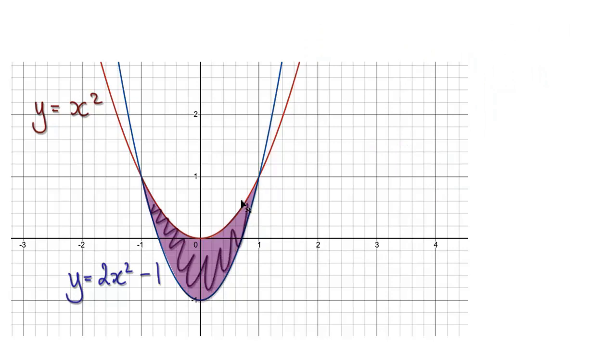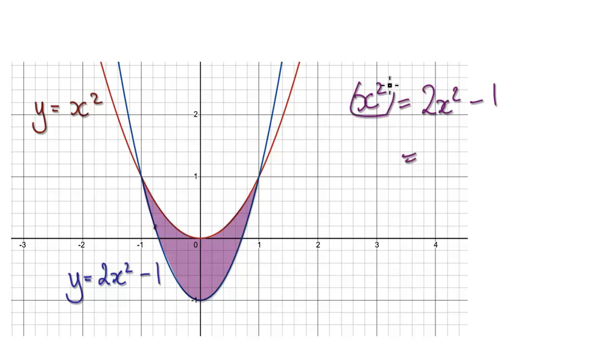And it seems like you're integrating from -1 to 1. But you can't always trust Desmos, so let's double check this. So set this to be the same as this. When will the two intersect? So let's just double check that it is indeed from -1 to 1. So it would then be 2x squared minus 1 equals x squared.